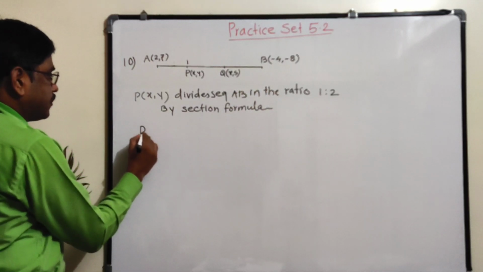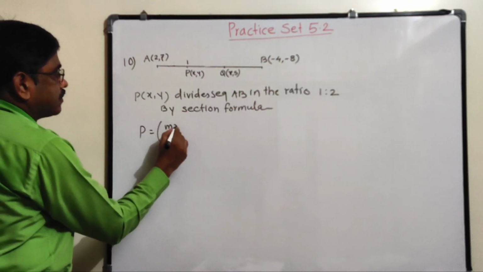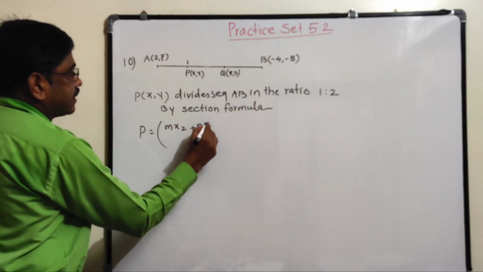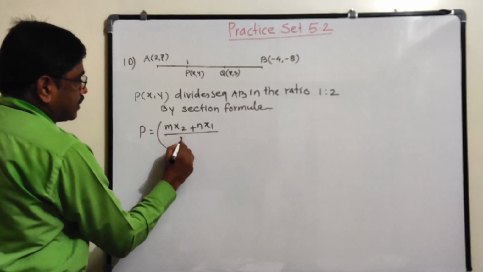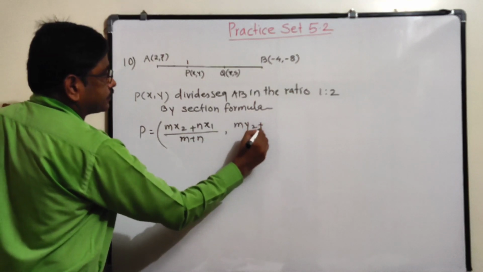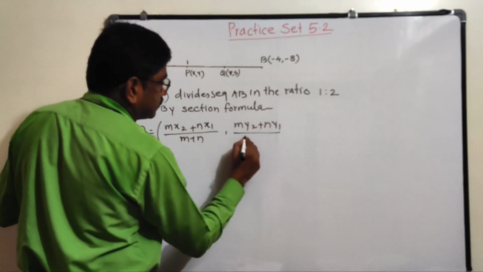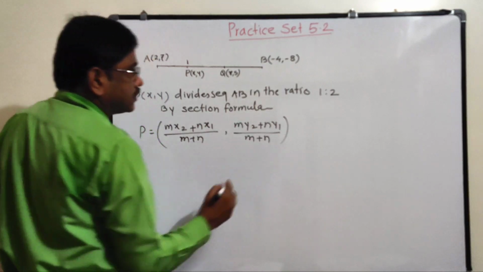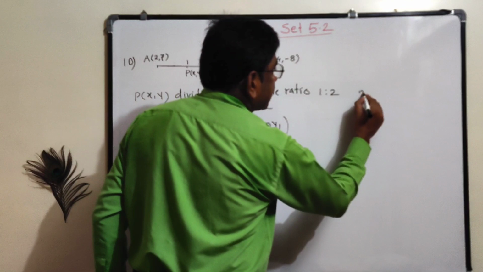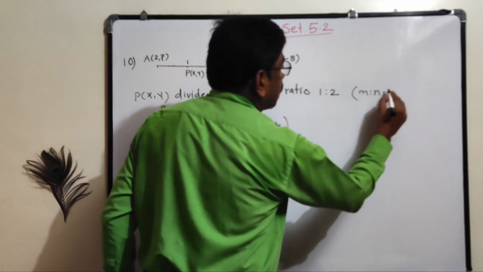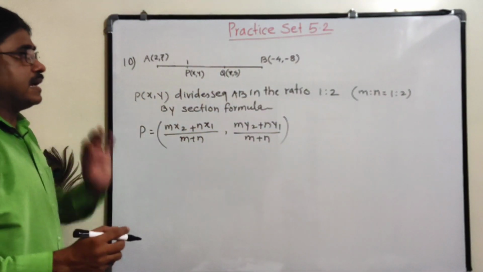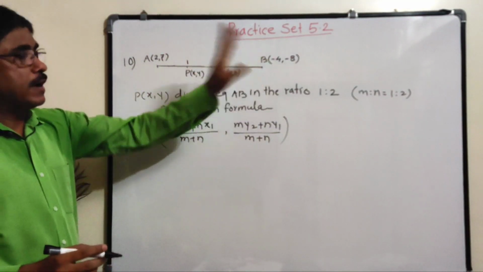The coordinates of P are (m x2 plus n x1) divided by m plus n, and second the same for y. Here m is to n is 1:2. So m is equal to 1 and n is equal to 2. x1 y1, x2 y2 are given.